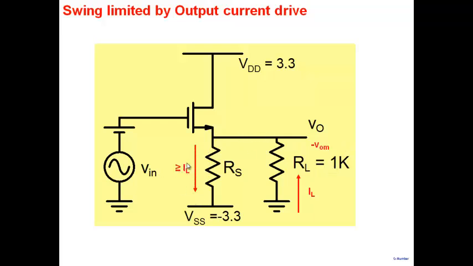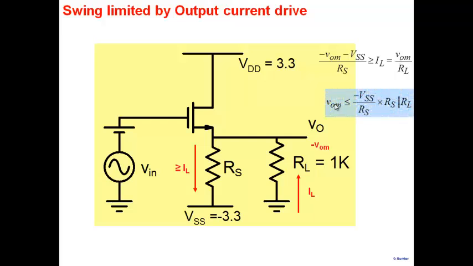So this current must be greater than or equal to IL, and therefore the IL that you see here is V0M by RL, and the current which is going down is V0M and VSS divided by RS here. Note that we are talking about negative swing here. So the voltage is minus V0M, the voltage is minus whatever voltage VSS. So that's the net current which is going down, and this current must be larger than this current, and therefore we have this constraint here.